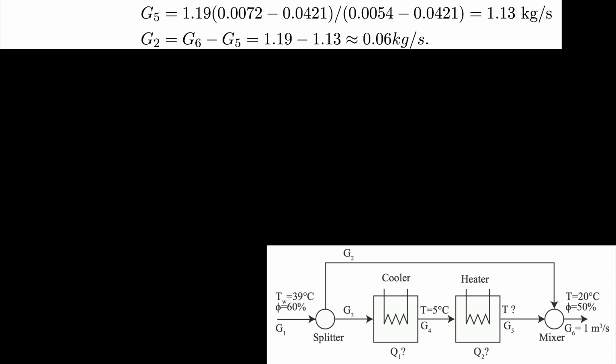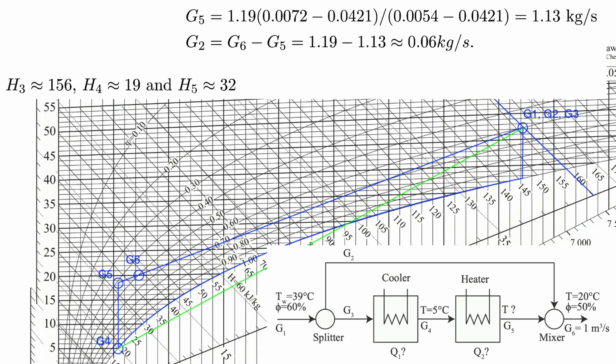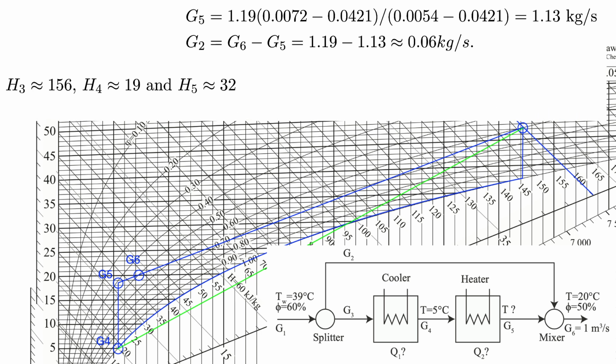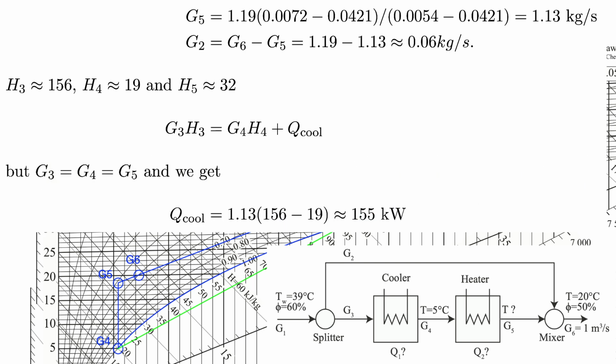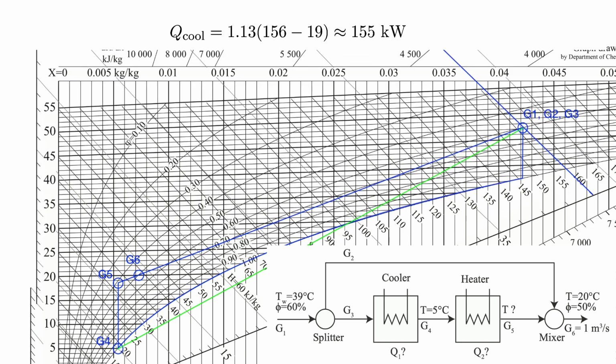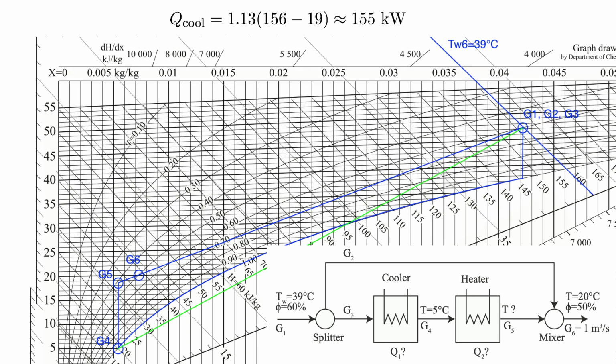Reading the enthalpies H3, H4 and H5, we get approximately 156, 19 and 32. An energy balance in equals out for the cooler becomes G3 times H3 equals G4 times H4 plus Q cool, which since G3 equals G4 equals G5 gives us Q cool equals 1.13 times (156 minus 19), or 155, with the unit kilogram per second multiplied with kilojoule per kilogram, so that is kilowatts.